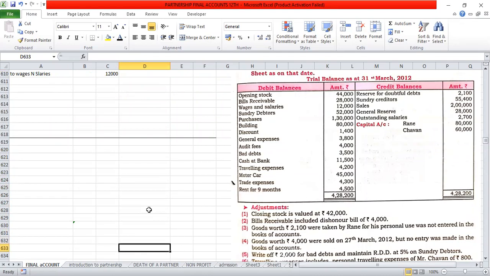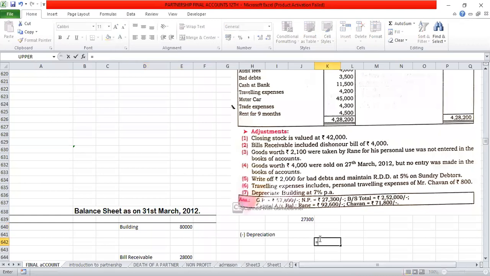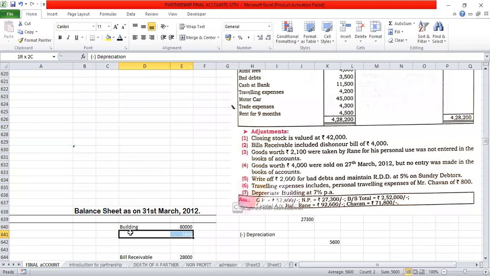The adjustment we have is number 7: depreciate building by 7%. Calculate 80,000 into 7%. The 7% of the building value of 80,000, how much do you get? 7 8 how much?